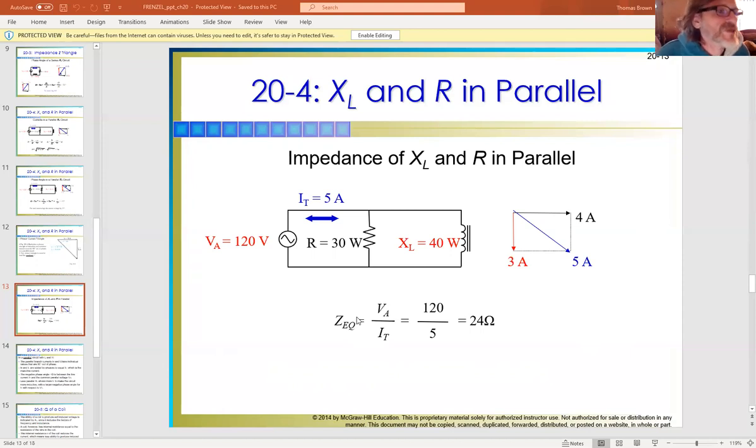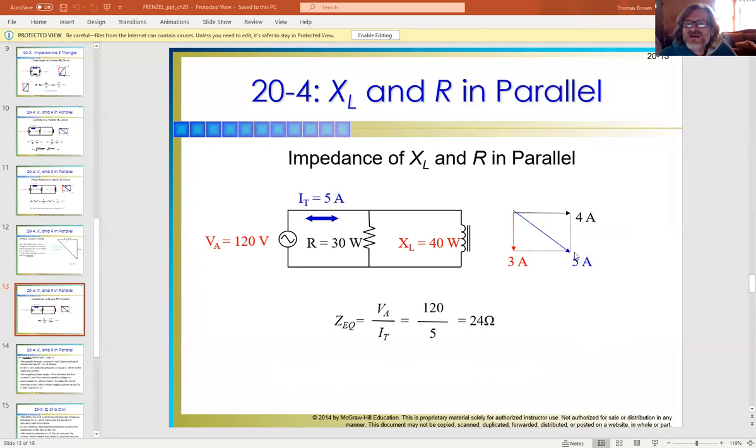Or we can do the reciprocal method where we would multiply out the XL times R and then divide by the XL plus R. So you do have two options here. You can always do the Ohm's law one, which, if you have the values, is a much easier little equation to plug in versus doing the reciprocal method. But both should give you pretty much the same answers.